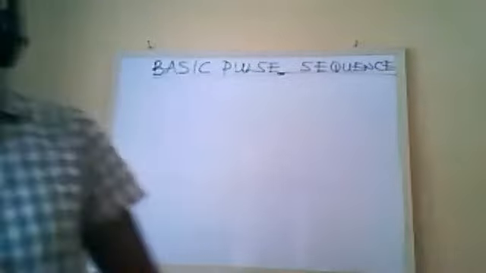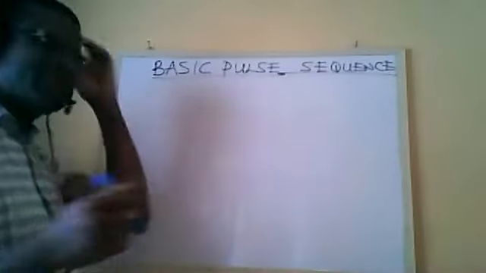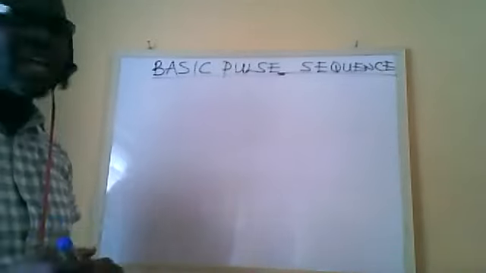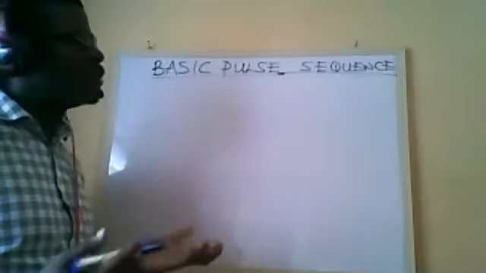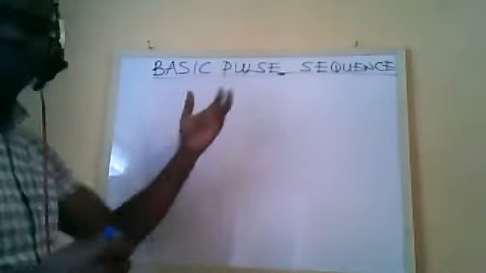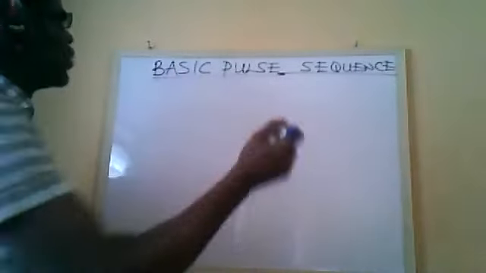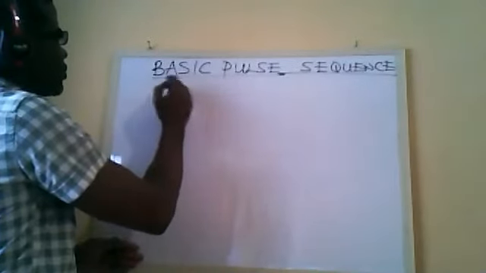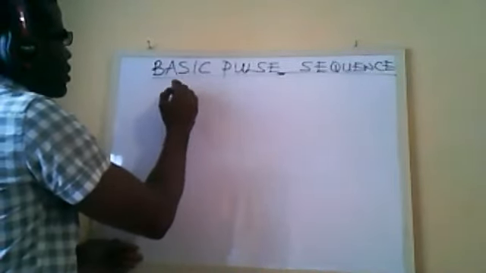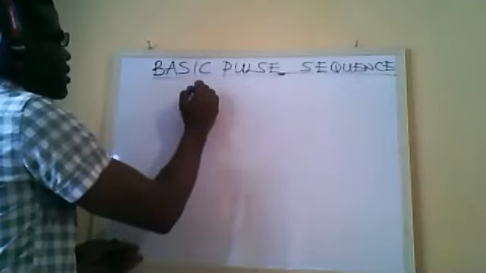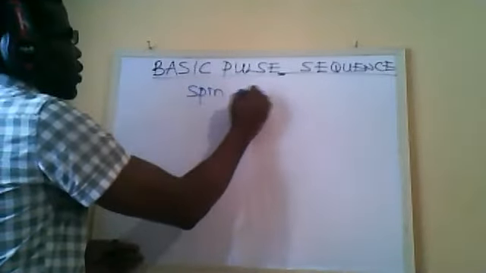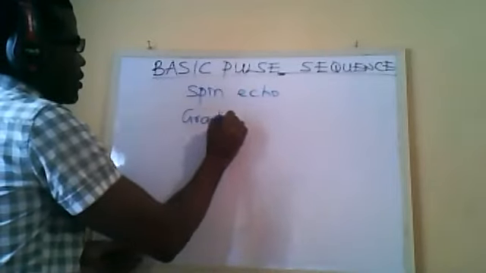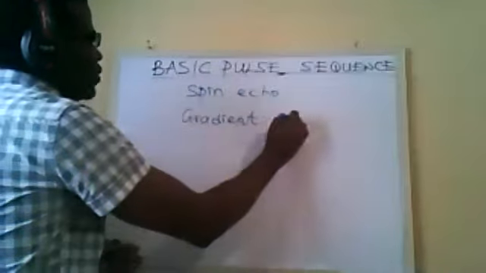We should bear in mind we have basically two major pulse sequences. Every other one is a modification of these two pulse sequences: the spin echo and the gradient echo.